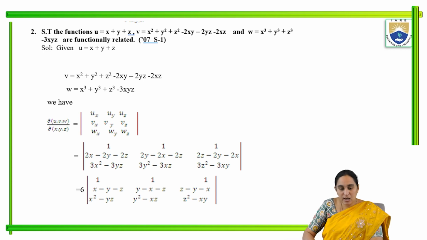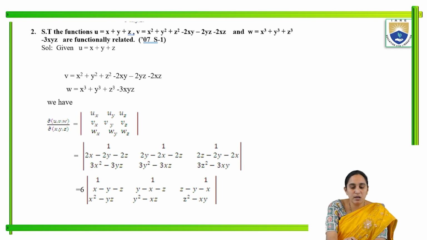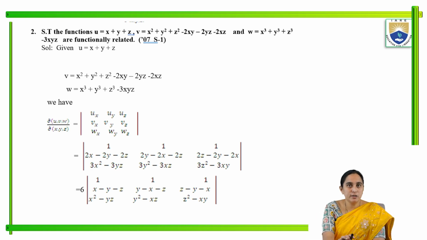Here, observe the functions uvw are in terms of xyz. For that, what is the formula? Directly the determinant of ux, uy, uz, vx, vy, vz, wx, wy, wz. This is the formula. If that value is equal to 0, then the functions are related.